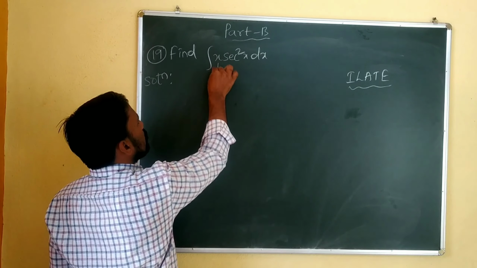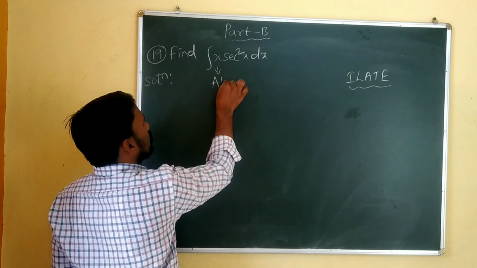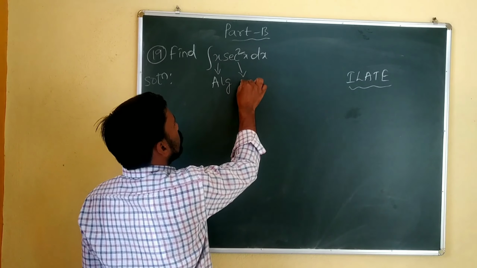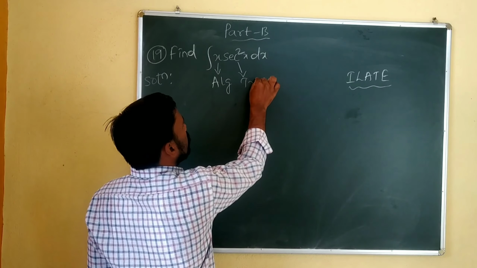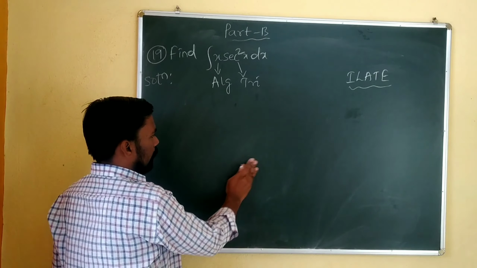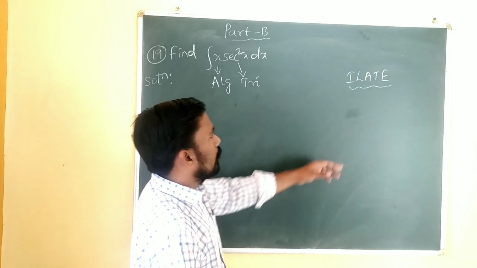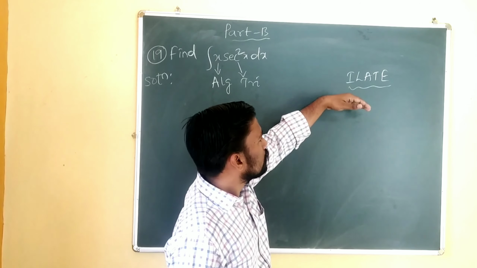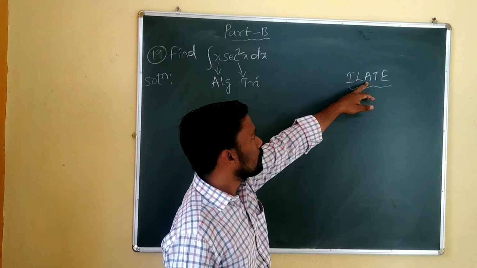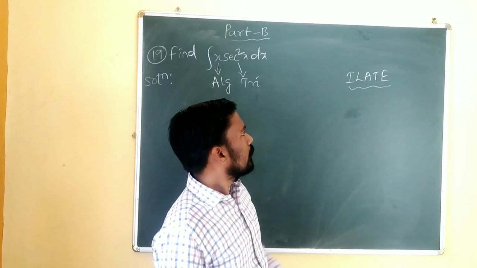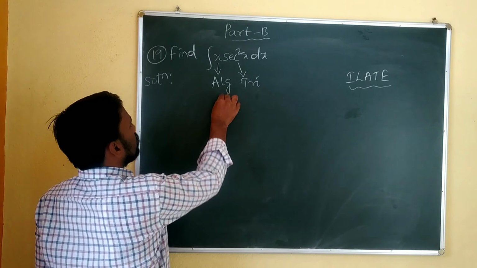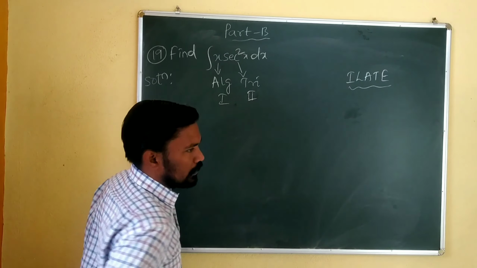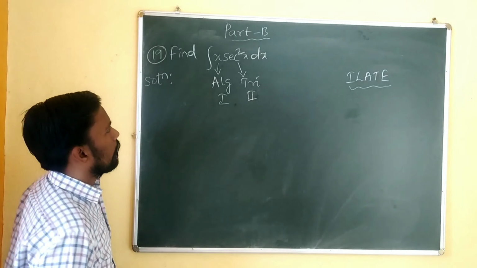X is an algebraic function, and secant square x is a trigonometric function. Following that rule, A comes before T from the left-hand side. That is why we take the algebraic function as the first function and the trigonometric function as the second function, and use the integration by parts rule.